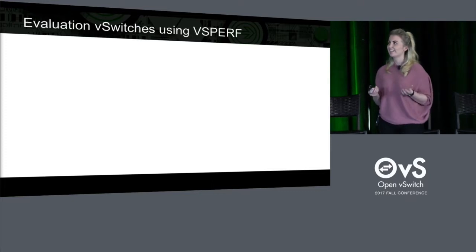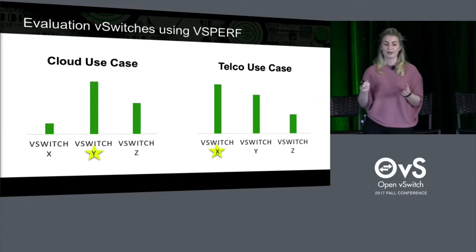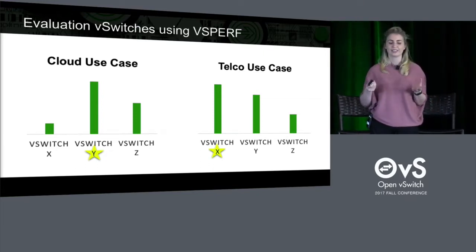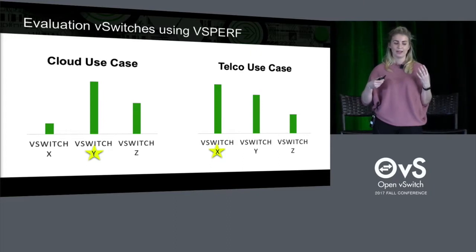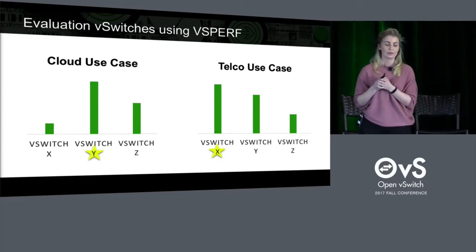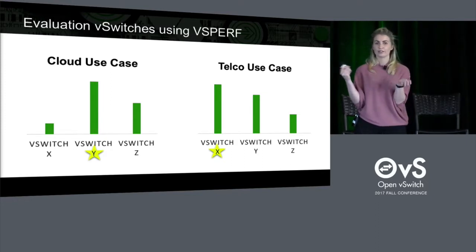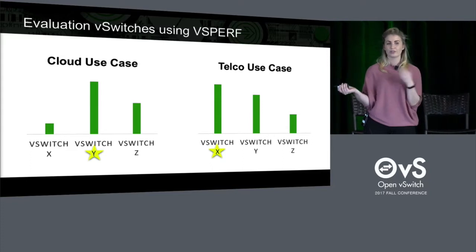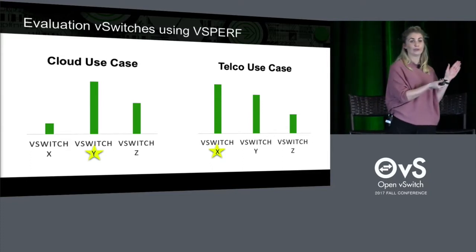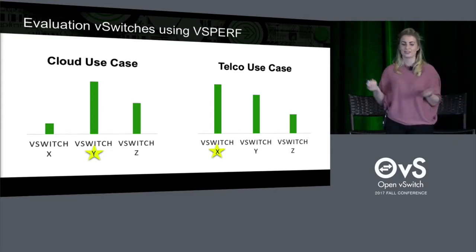What I've done instead is I've just shown some theoretical data of how VSPERF could be used to simulate two different use cases and perhaps help someone make a decision on which vSwitch to use for a particular use case. So if you had a cloud use case and a telco use case, often they'll have quite different requirements as regards throughput and latency, and you'll see different types of traffic, protocols and packet sizes in each.